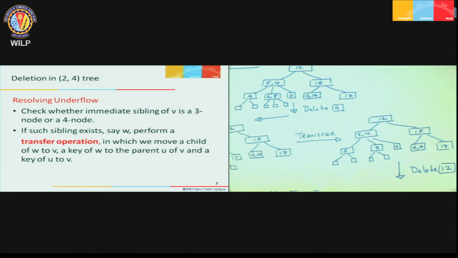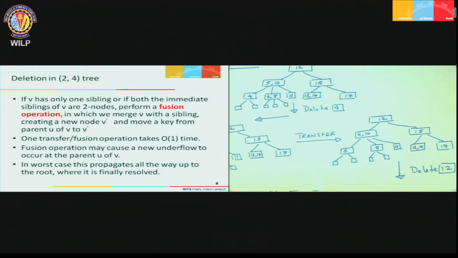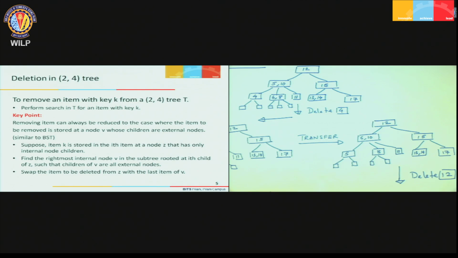Now let us look at the other case, where the node at which the underflow has occurred does not have an immediate sibling which is a 3 node or a 4 node. Let us look at a case where we want to delete a key which is present in a node whose children are also internal nodes.